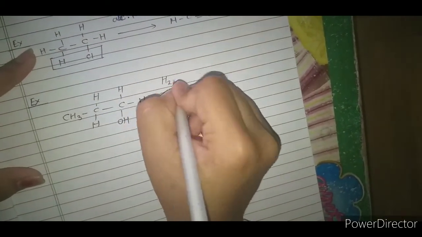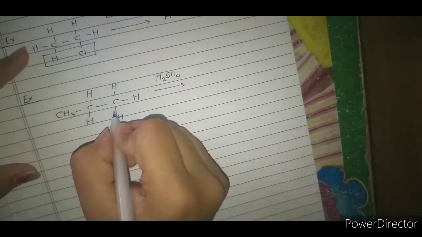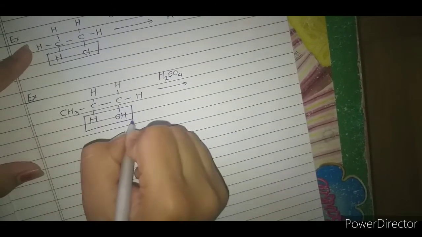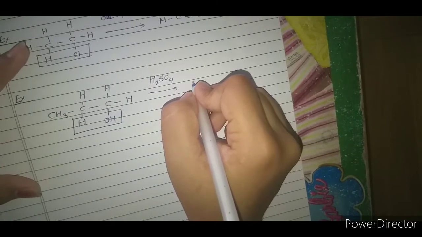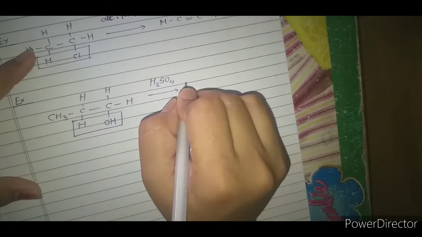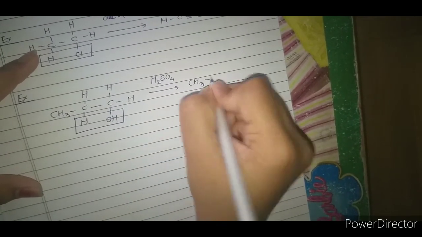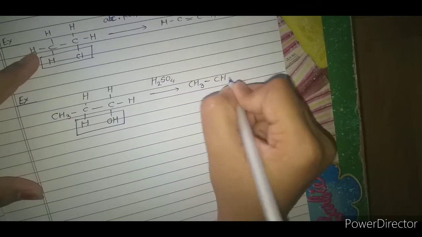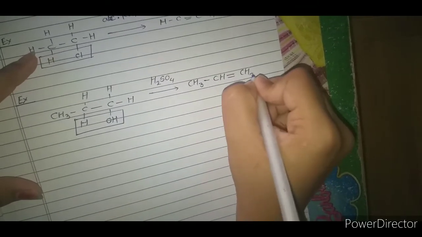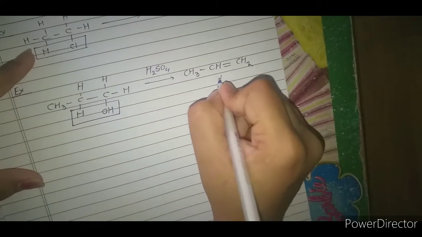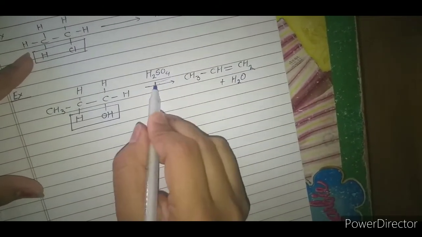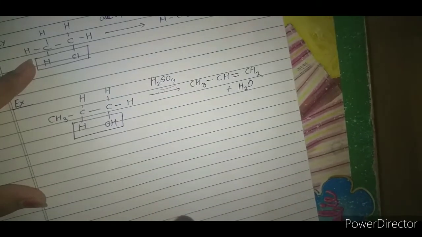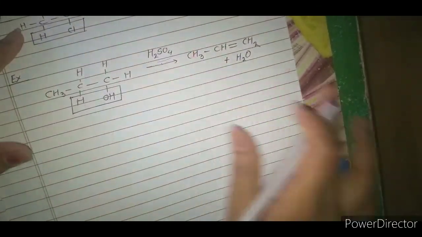In presence of H2SO4, what happens? Dehydration takes place in this condition. So dehydration means removal of a water molecule and forms this compound. Okay. So H2SO4 is your dehydrating agent in this case.